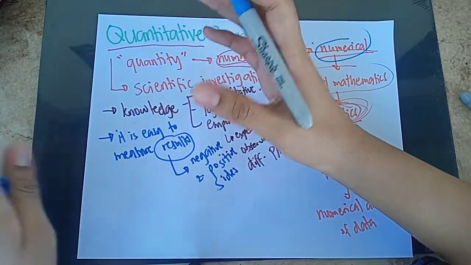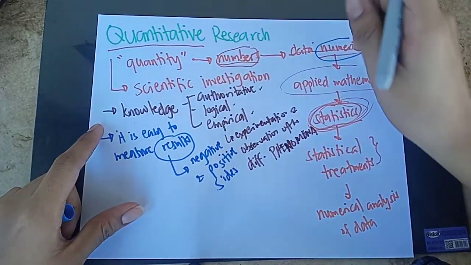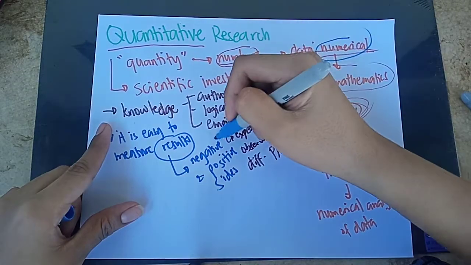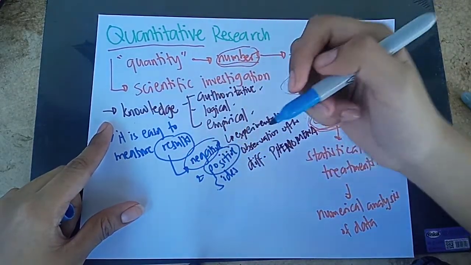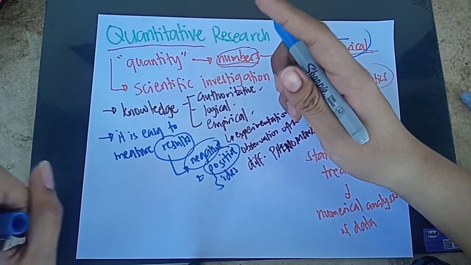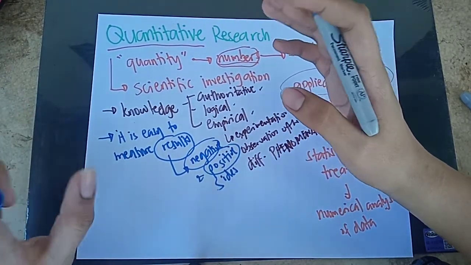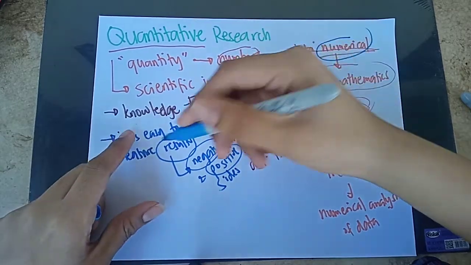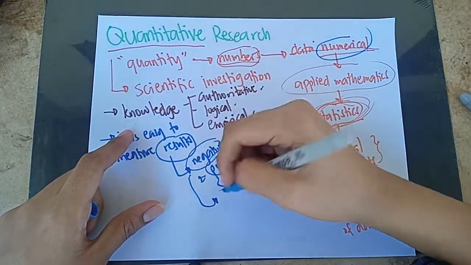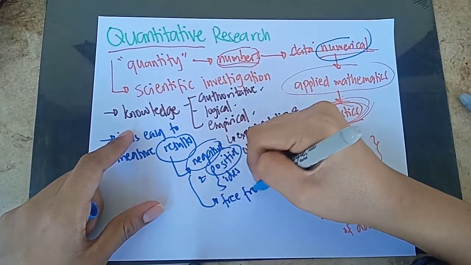It does not choose what result to accept. It accepts both negative and positive results. So, if it does not choose what results to accept, it is free from biases.